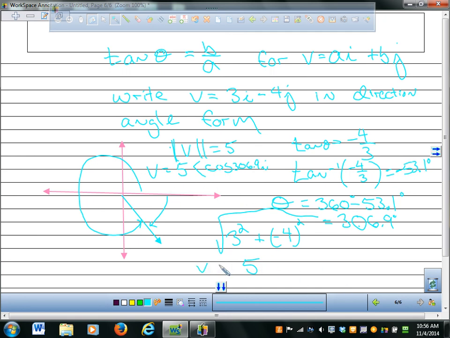So v equals 5 cosine of 306.9 in the i direction plus the sine of 306.9 in the j direction. Do you get that? Okay?